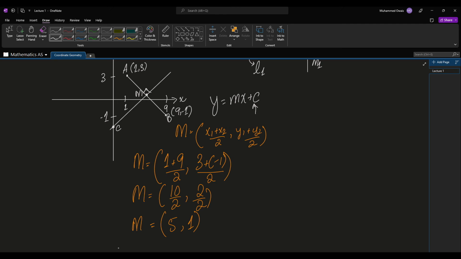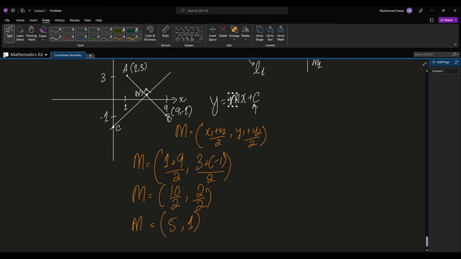Now another thing we need to do is find the gradient of this line, because to find the equation of a line we always need to know its coordinates and its m value, and from that we find the c. So right now we have y and x. Now we need m so that we can find c.